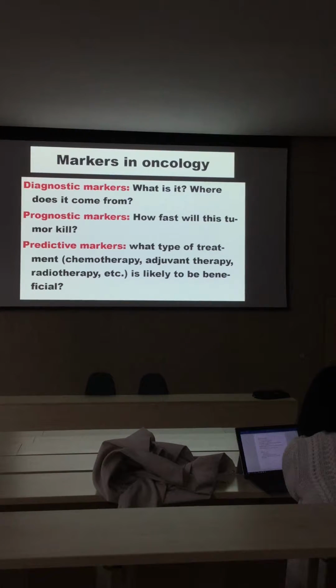There are 3 different types of markers, and this is very important. One class of markers is those features that help us to identify the lesion. Not surprisingly, these are called diagnostic markers. There is another group of markers, tumor features, that will inform us about the prognosis. Like the weatherman tells us whether or not it will rain today.